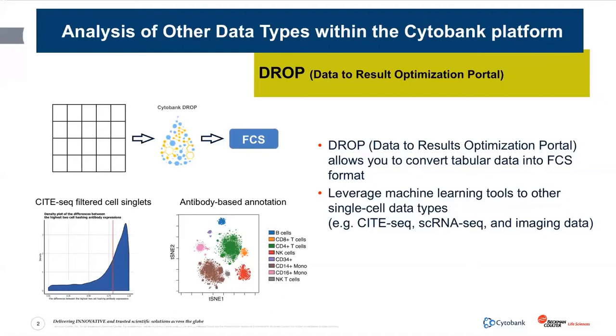I think non-cytometry data is really a big term, and it means a lot of different things. Here, we tested the Job portal with CITE-seq data, single-cell RNA-seq data, and also some image feature data. Given the time constraint today, my talk will focus on CITE-seq data and single-cell sequencing data.